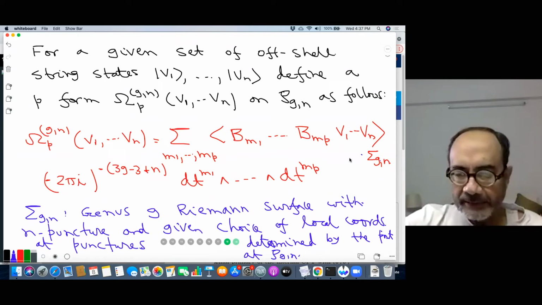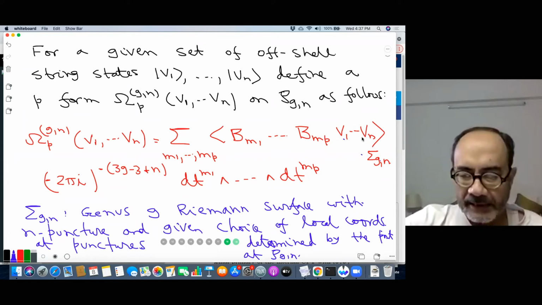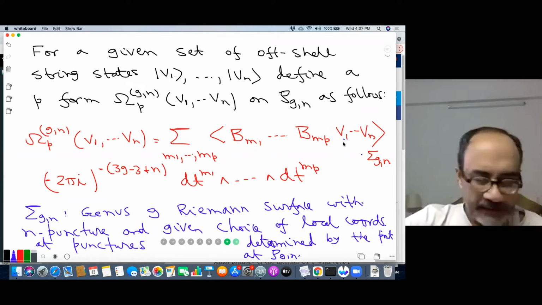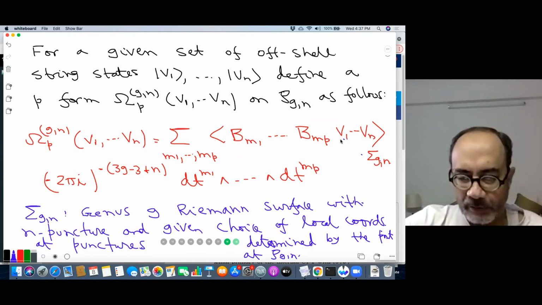And these V_i, the V_1 to V_n, the vertex operators that you have introduced here, are inserted using the local coordinate system. So this one is at w_1 equal to 0. Similarly, this one is at w_n equal to 0, using the w_n coordinate system.